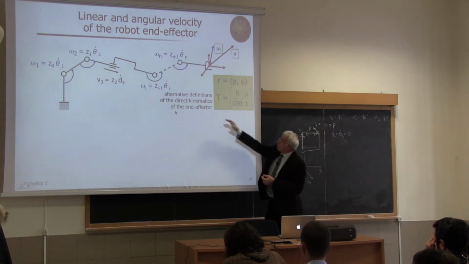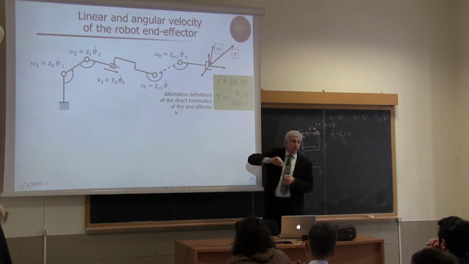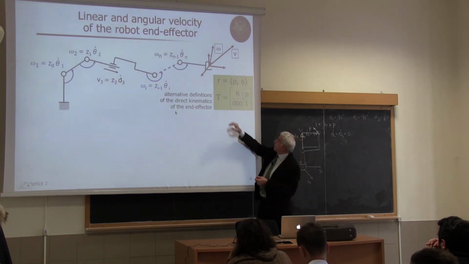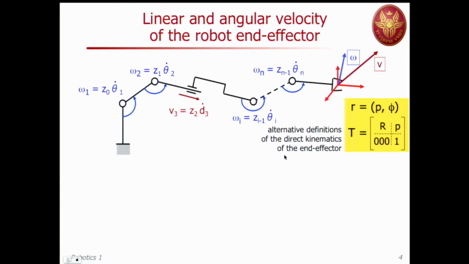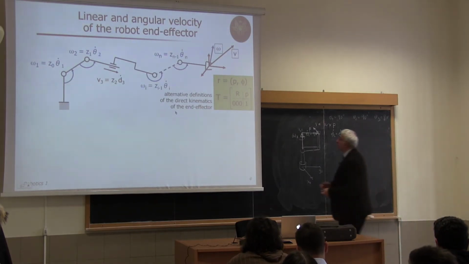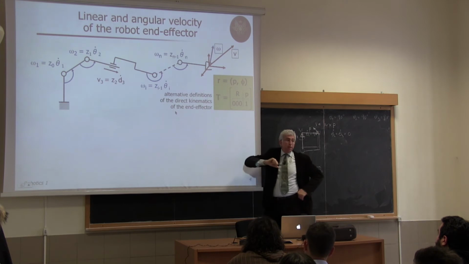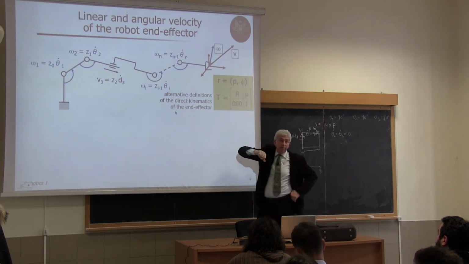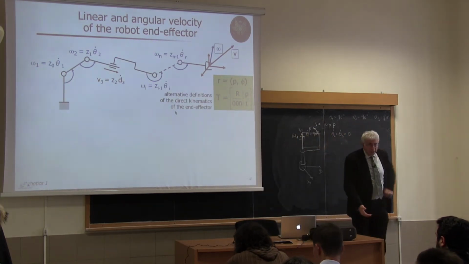Now, when I'm doing direct kinematics, I know that the pose of the end effector frame can be represented either by a homogeneous transformation matrix, which contains a rotation matrix for orientation and some position vector for the position of the origin of that frame, or from there I can extract some task variable r, which may contain, in this case, the vector p for the position and the minimal representation phi of the orientation, which is extracted from the rotation matrix R. Okay?